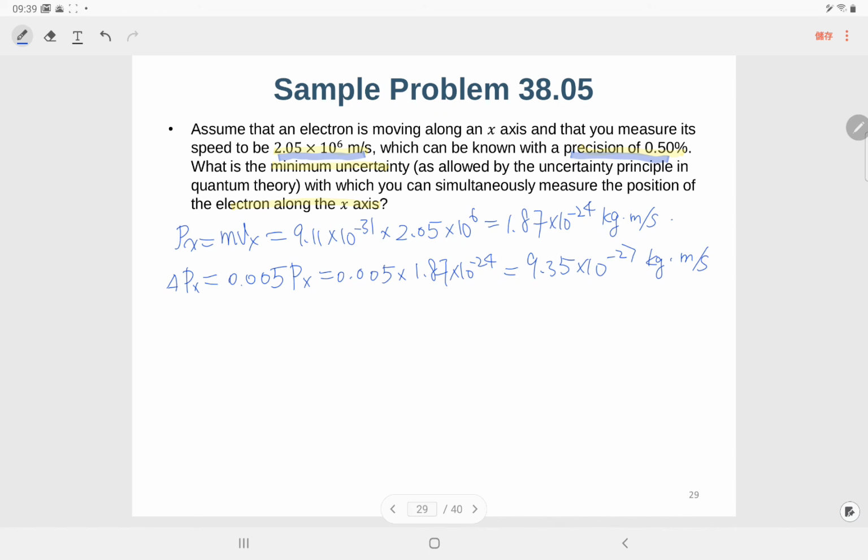So we will have delta x. Maybe we can just follow the textbook, which is delta x delta p larger or equal to h bar. So delta x should be larger or equal to h bar over delta px.